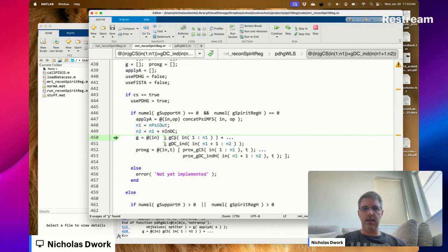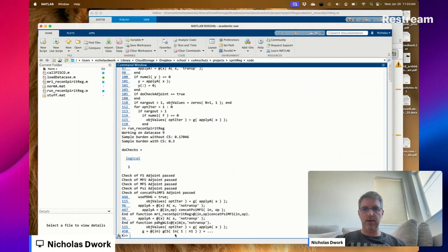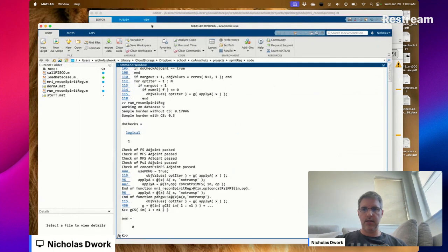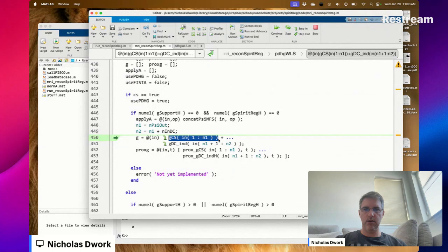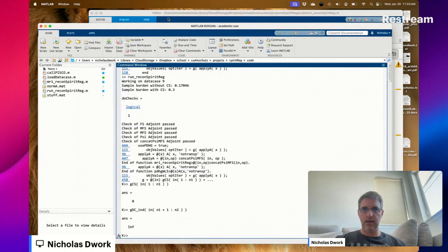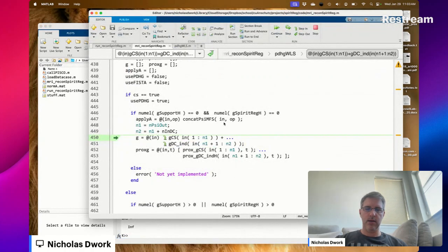So I think this here is not going to be infinity. It's zero. Right, because the wavelet transform of 0 is 0, and then the L1 norm of the 0 vector is 0. So clearly this is the one that is infinity. Right.